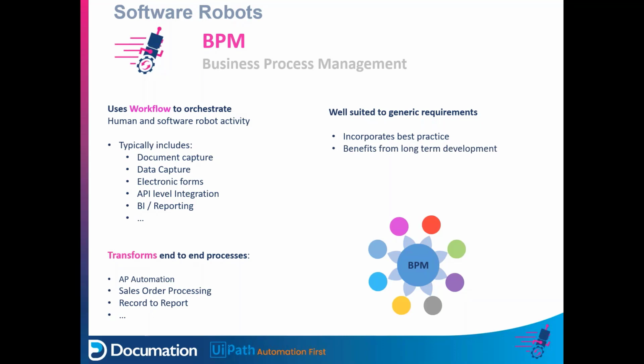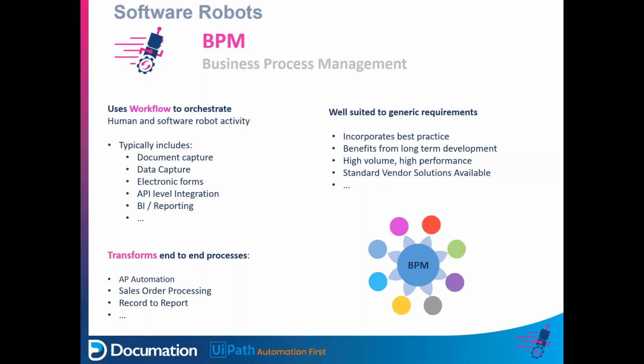BPM AP automation has been developed over many years, and it benefits from that long-term development by building in best practice and enabling us to take advantage of the best tools available. It tends to be high volume and high performance, and there are lots of standard vendor solutions available, including our own.